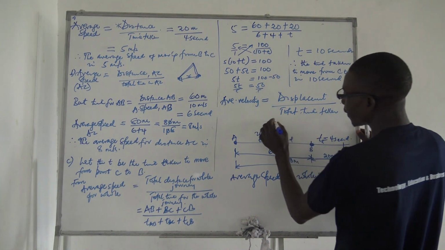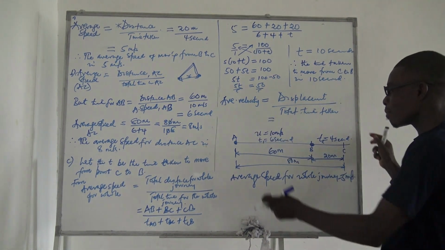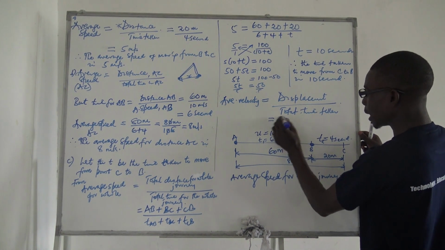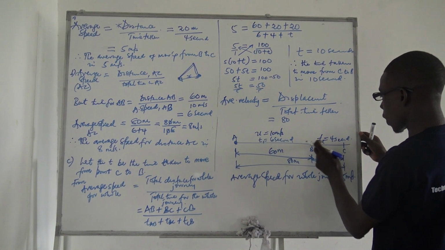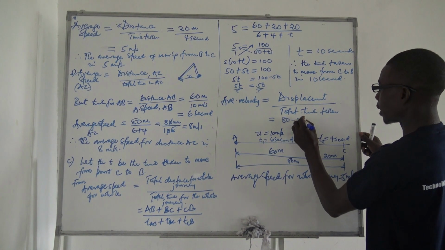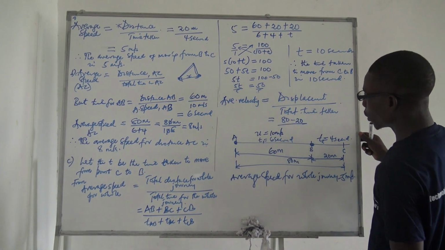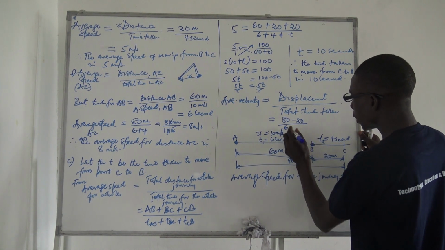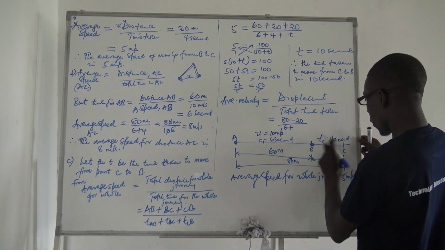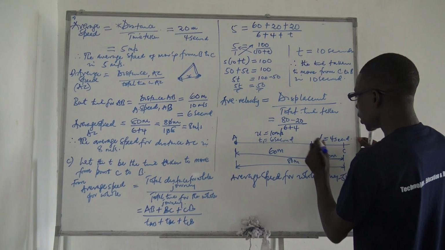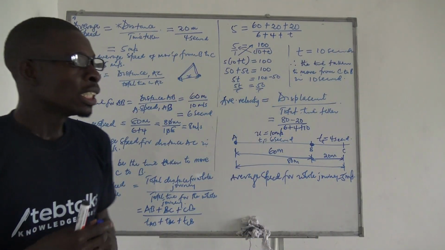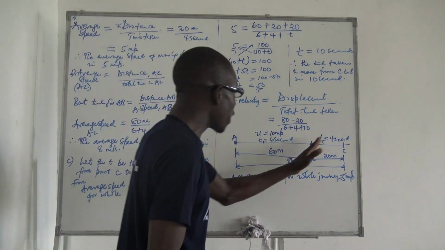So displacement is this one here: 80 from here up to here, minus 20. To get the total time, it will be the 6 from here up to here, plus the 4, and then plus the time, we look at the total time.